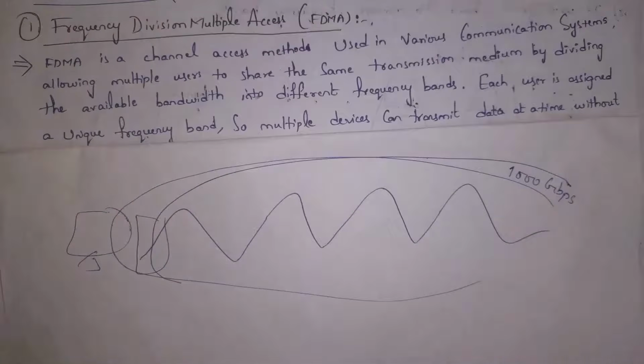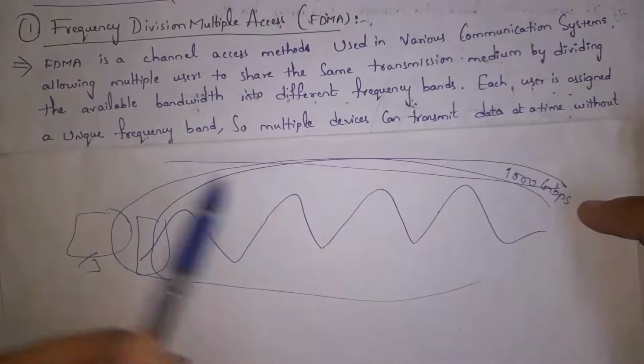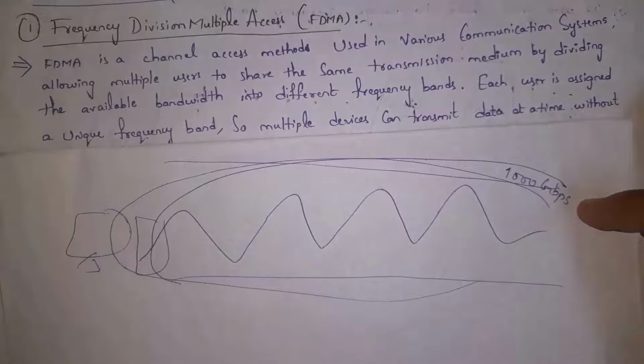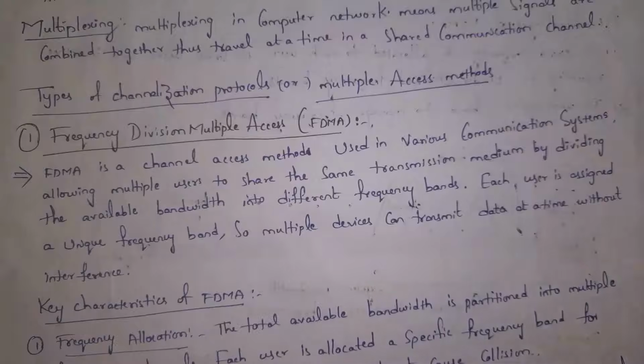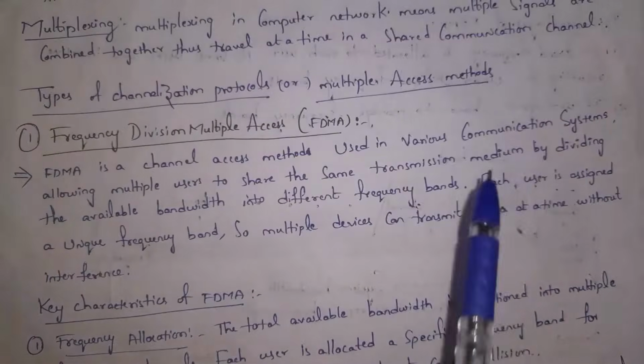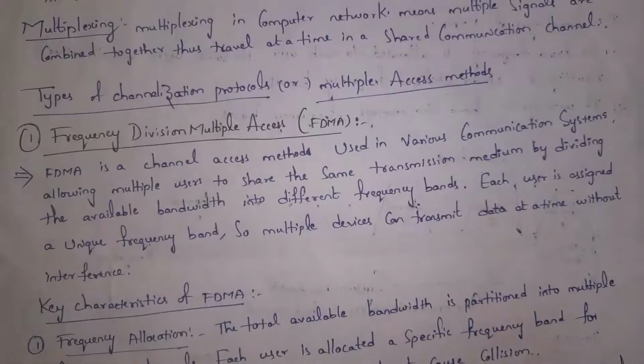So in frequency division multiple access, our entire communication channel is divided into smaller channels and each channel gets one small frequency. By using that small frequency, a device can communicate. So in frequency division multiple access, we divide our transmission medium into smaller frequency bands and each user gets one frequency band. By using that frequency band, users can communicate.